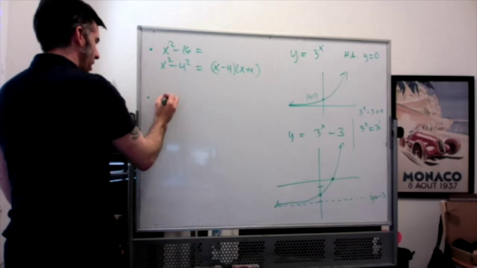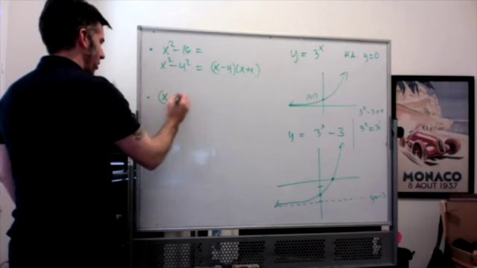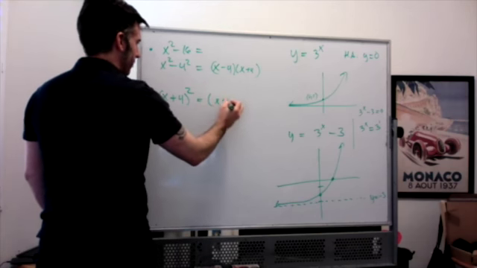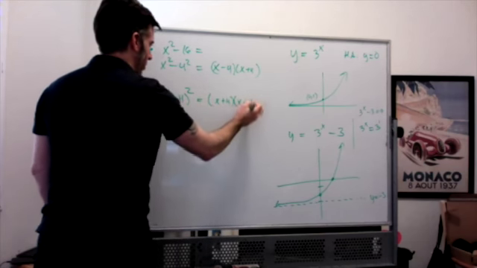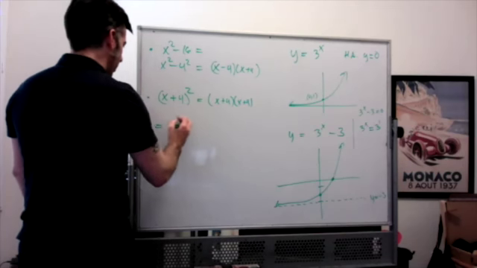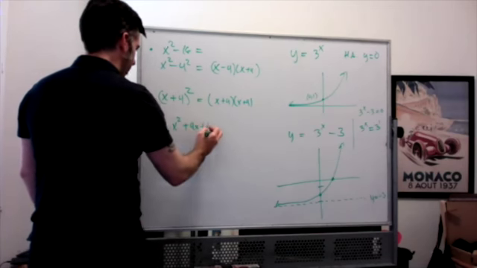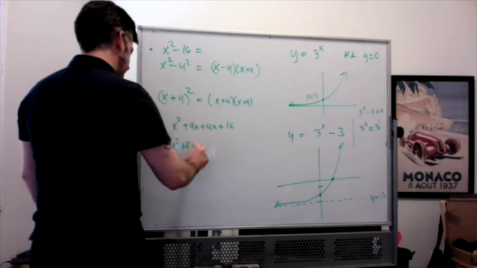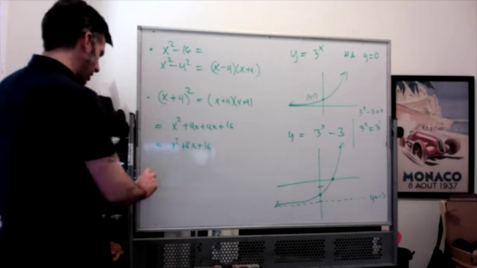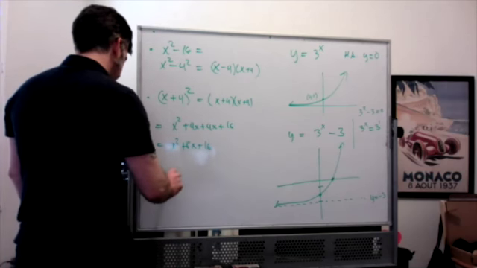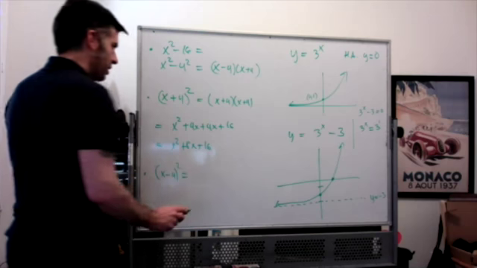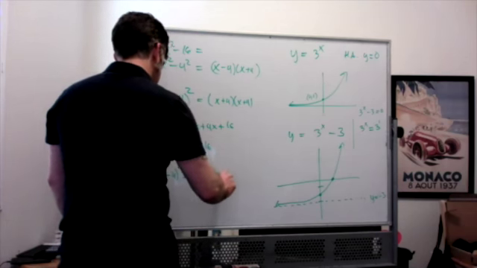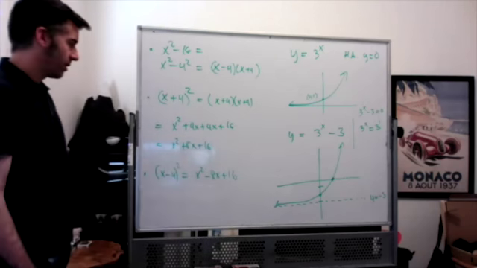Whereas x plus 4 squared is x plus 4 times x plus 4, which is x squared plus 4x plus 4x plus 16, which is x squared plus 8x plus 16. And in a similar way, x minus 4 squared is x squared minus 8x plus 16.